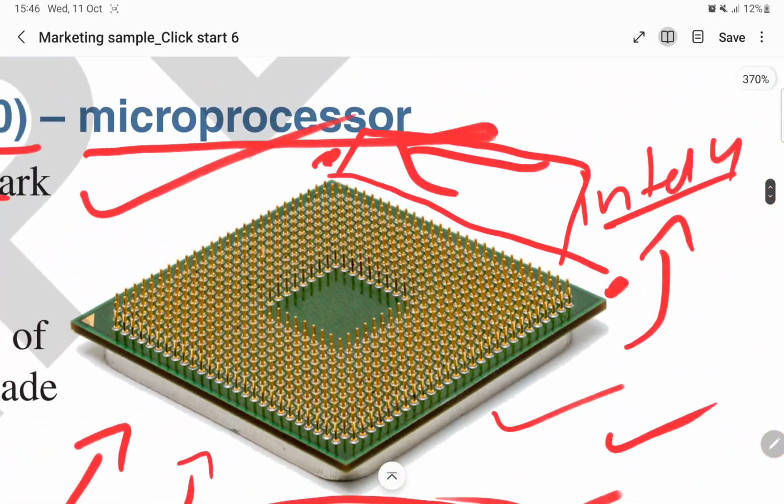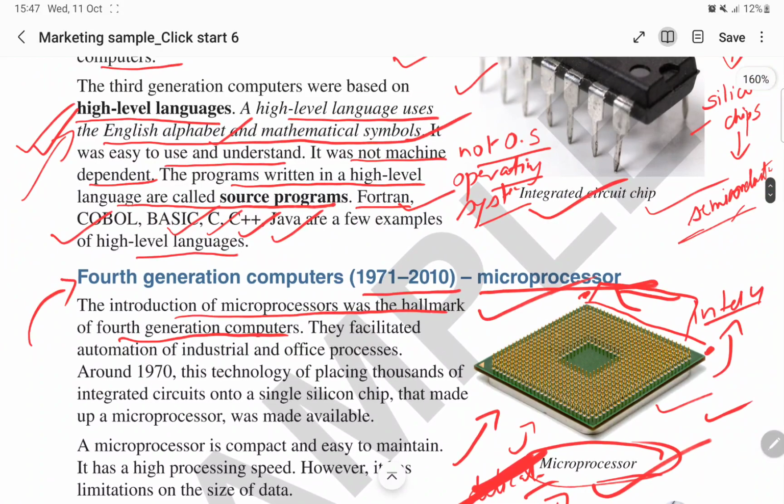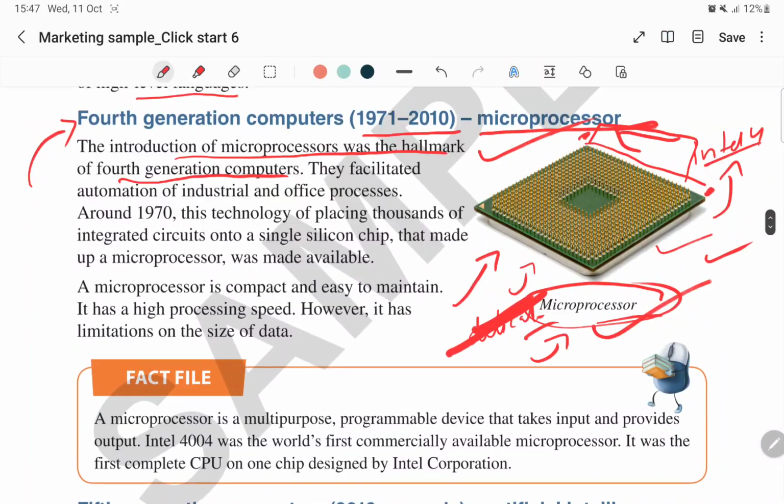So these come under the microprocessor. The name microprocessor is given because it is very small, a microscopic effect. We could see all those pins clearly with the help of a microscope. So microprocessor is a multi-purpose device used to increase the speed of the computer.